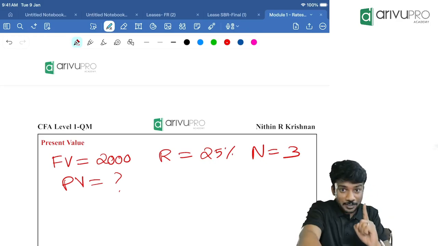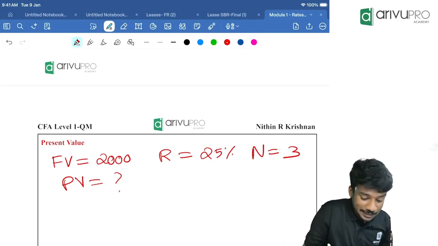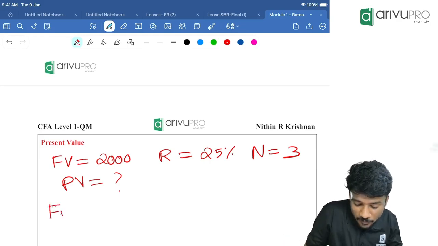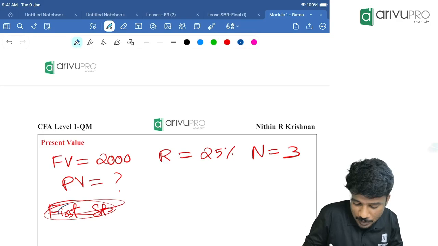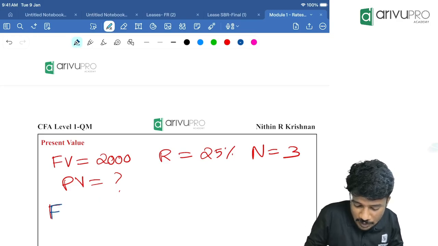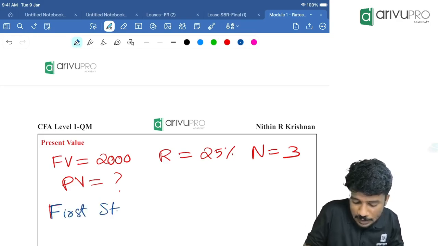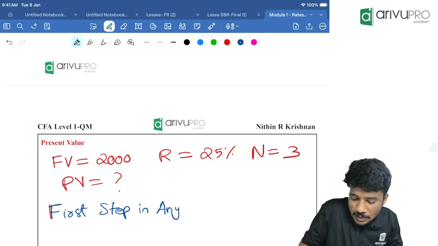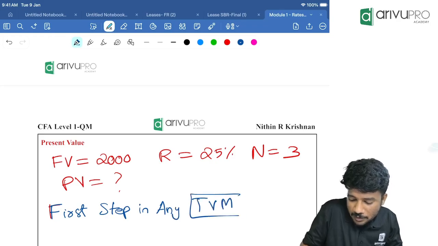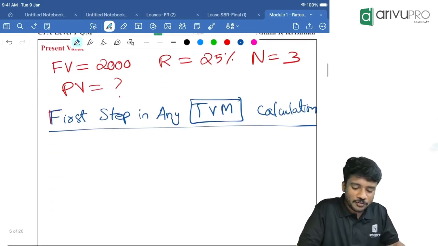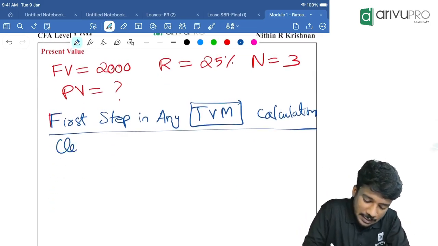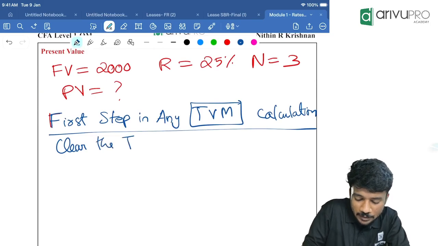What is the first step? First step, what will you do? You will clear it, right? I'll write it in a different color. First step in any TVM or time value of money calculation, the first step is always to clear the TVM.